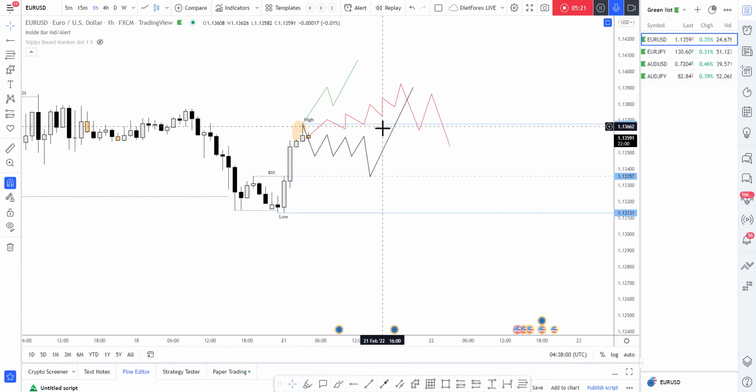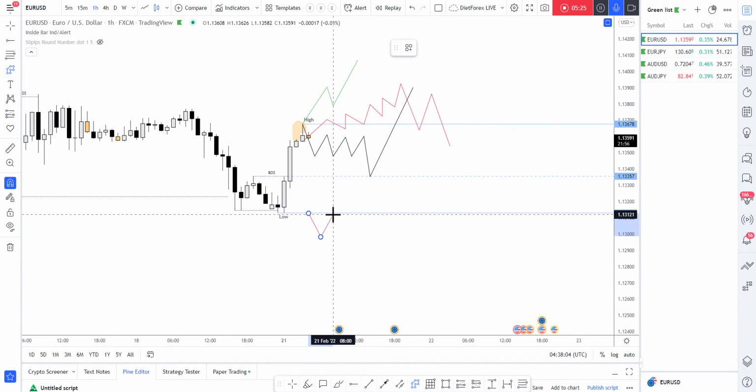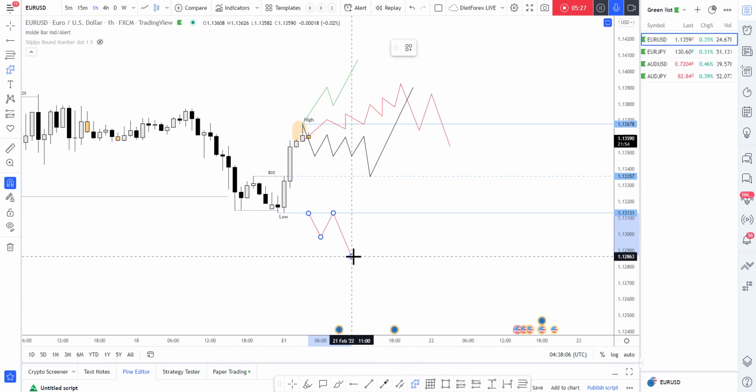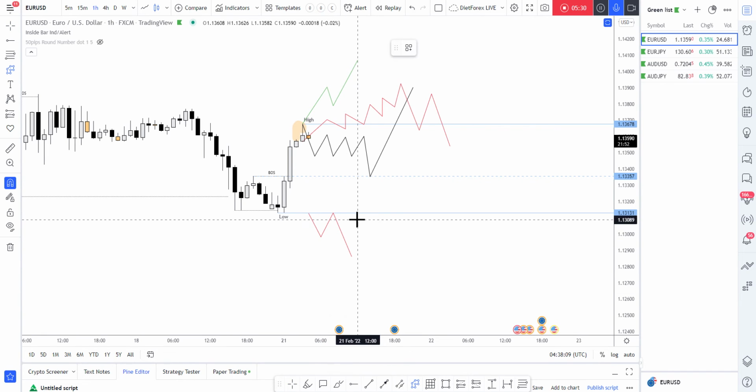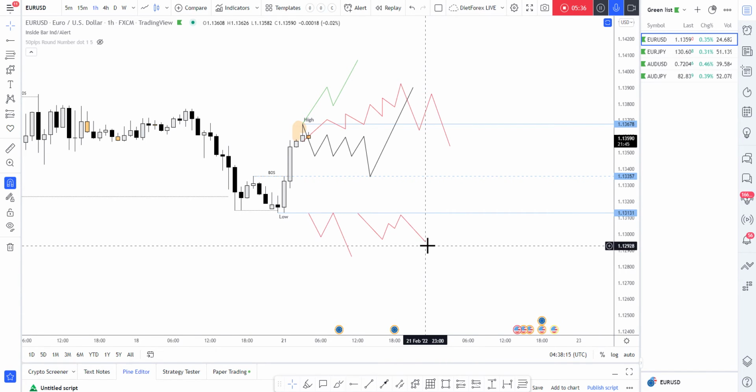That would be a bearish move, or a break of this major low, and then retest, or a continuation bump or flag, and then move to the downside.